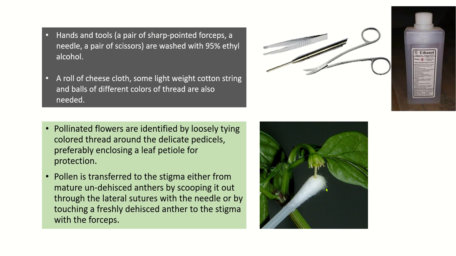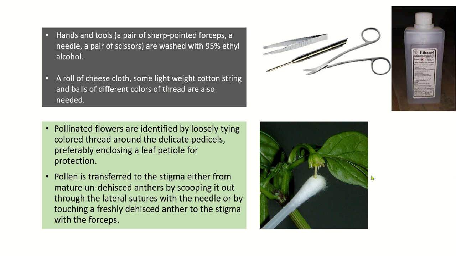Okay, and right after emasculation, what you have to do is to bag it. Pollen grains are transferred to the stigma either from the matured anthers by scooping them out through the lateral sutures with the needle, or by touching freshly dehisced anthers to the stigma with forceps. So there are different methods with which you can pollinate.